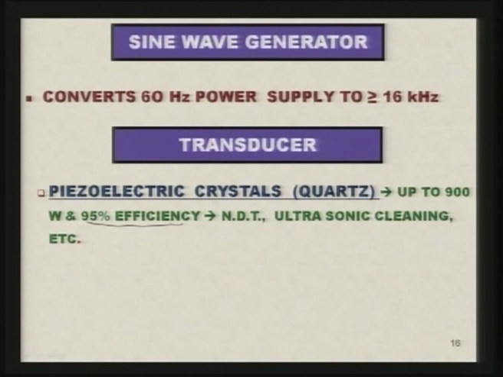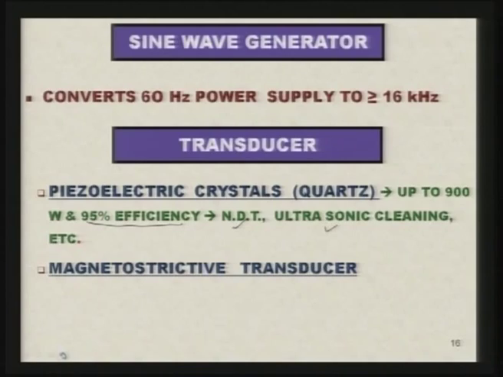Piezoelectric crystals are commonly used in non-destructive testing, that is the NDT. They are also used for ultrasonic cleaning and some other applications. Even in very low power ultrasonic machining process, you can use the piezoelectric crystal for that purpose.